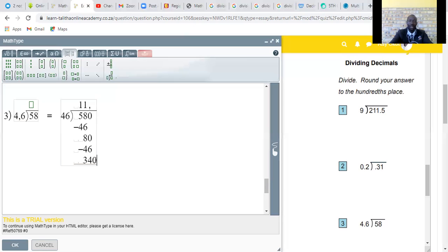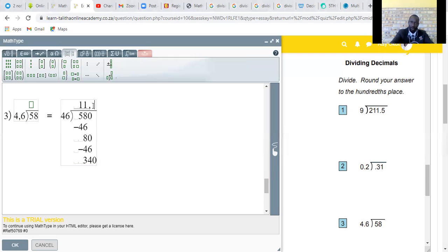Now the question is, how many times will 46 enter into 340? Well, we can first check that just really quick. It enters 7 times.